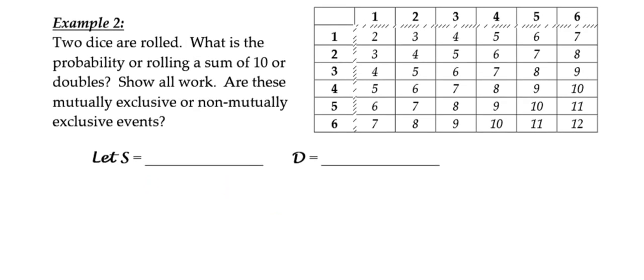2 dice are rolled. What's the probability of rolling a sum of 10 or doubles? So we'll let S be rolling a sum of 10, and we'll let D be rolling doubles. Now doubles means that both dice are the same.